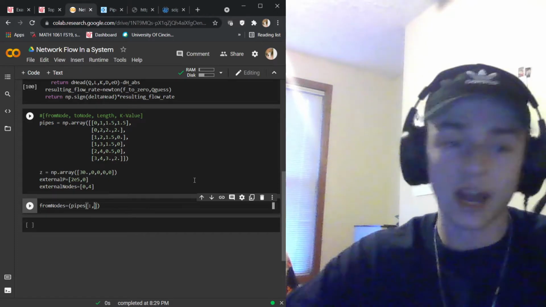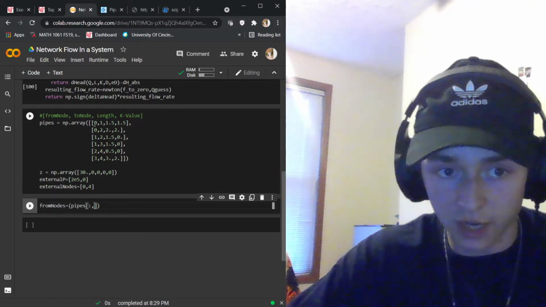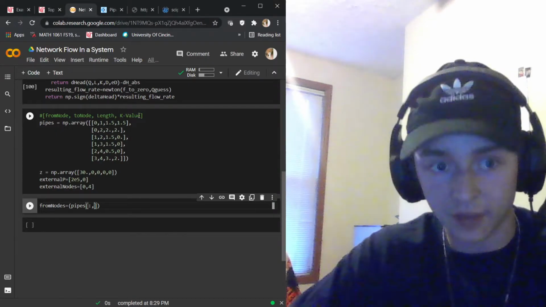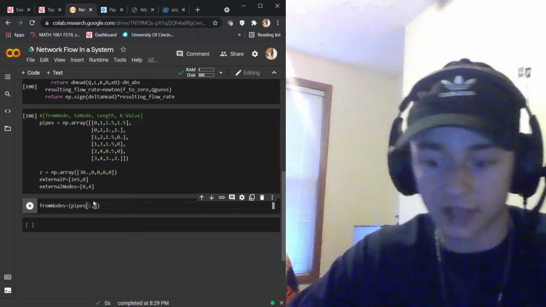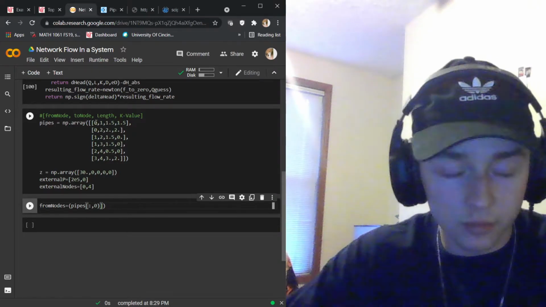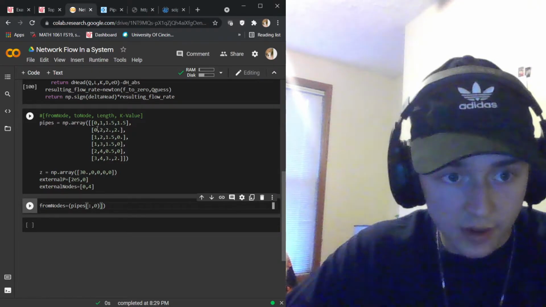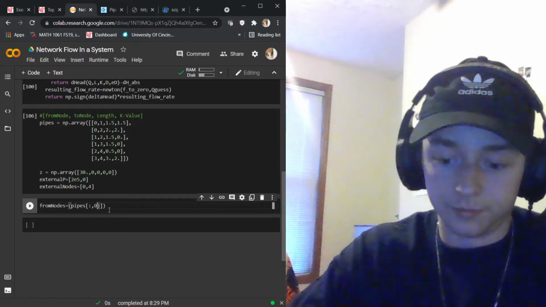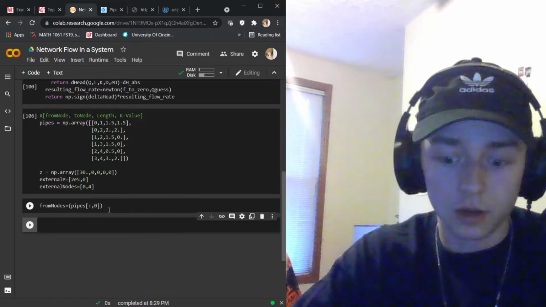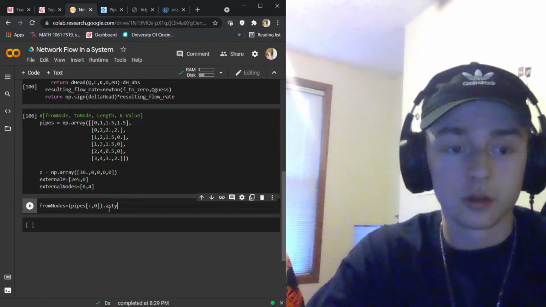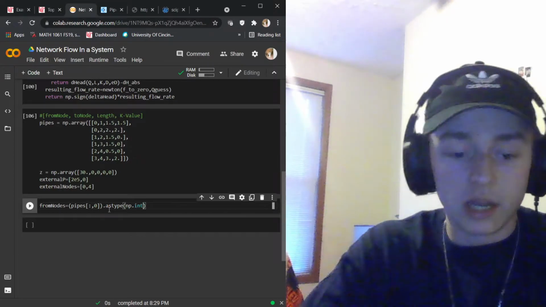We don't want this entire row. We only want the first column. And since it goes from, to, length, k, we need our from node indexed at 0. And that will index all of these values 0, 0, 1, 1, 2, 3. There we go. And we want this to be returned to us as an integer.